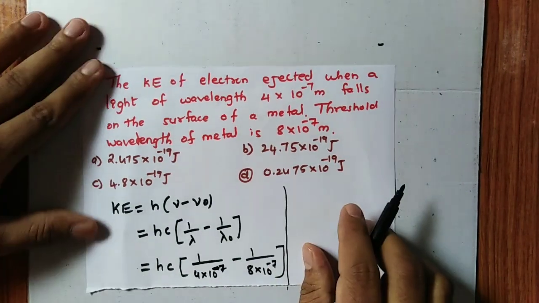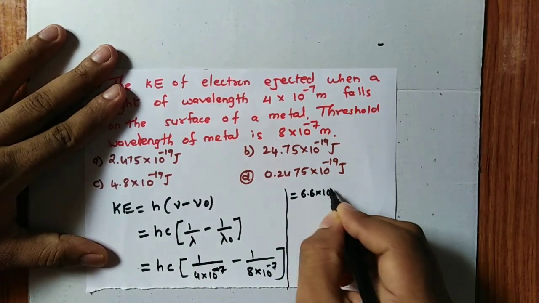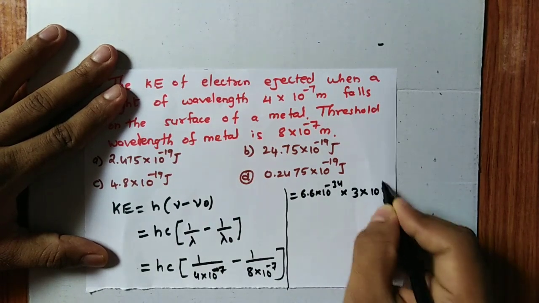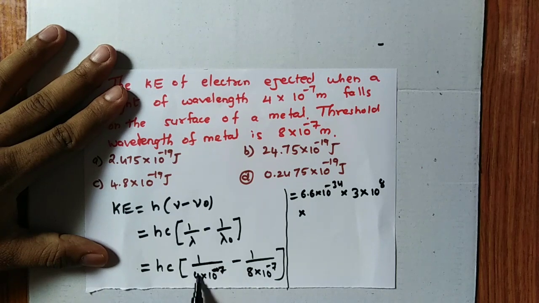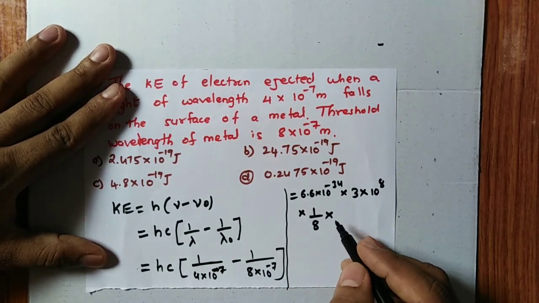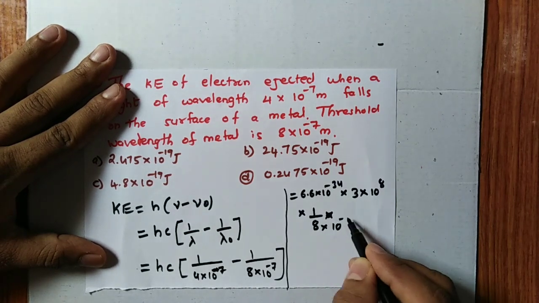Then simplify. So h into c you put, that is 6.6 into 10 to the power minus 34, into 3 into 10 to the power 8, into, here you can see 8 minus 4, that is 4, divided by 32. You are going to get 1 by 8 into 10 to the power minus 7.